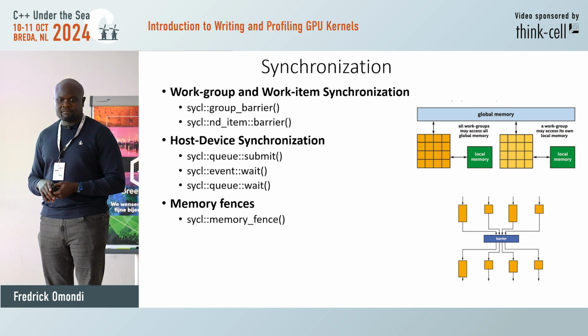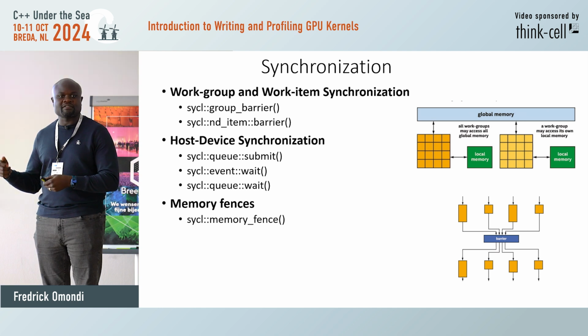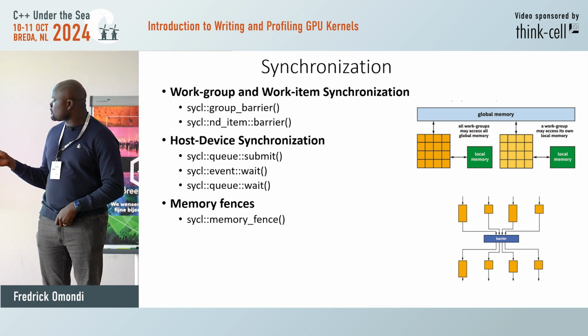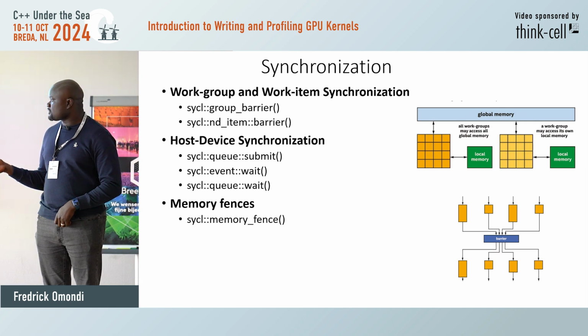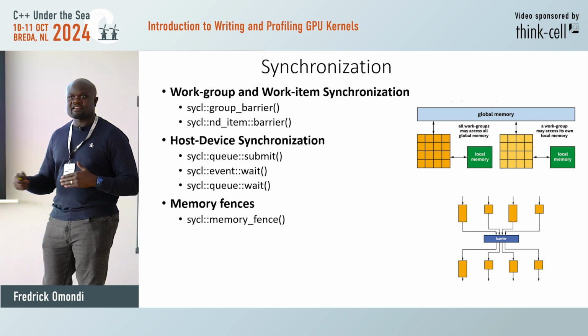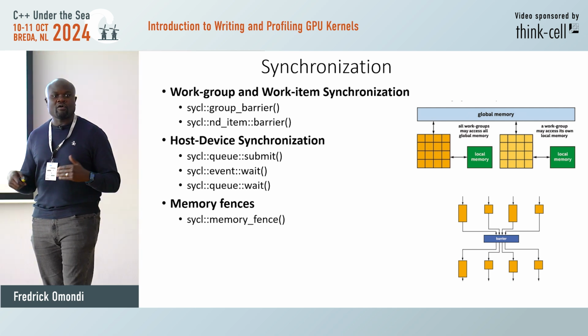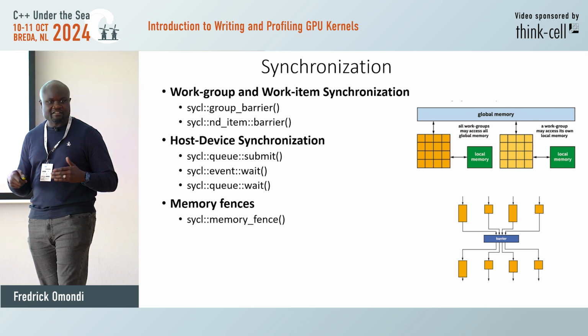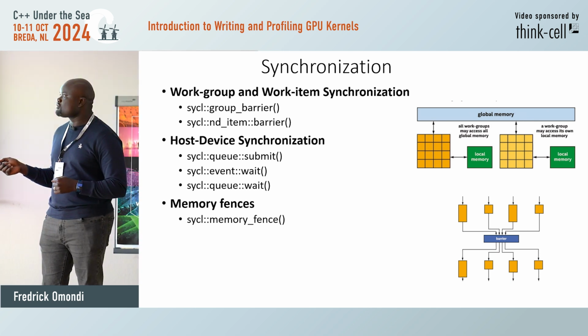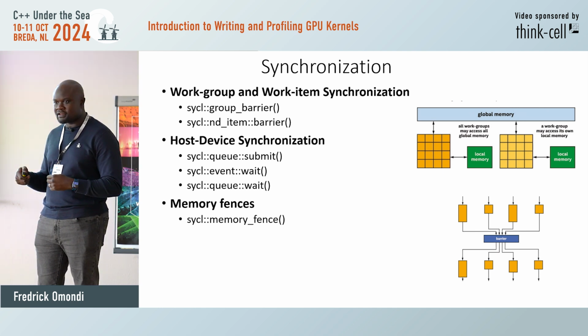Normally the host or the CPU will submit some task to the GPU using the queue structure, and this is important because the queue structure uses a dependency graph to check the correlation between tasks submitted so that the order is preserved, what needs to be acted upon first. And that sort of ensures that there is a good synchronization between device and host.